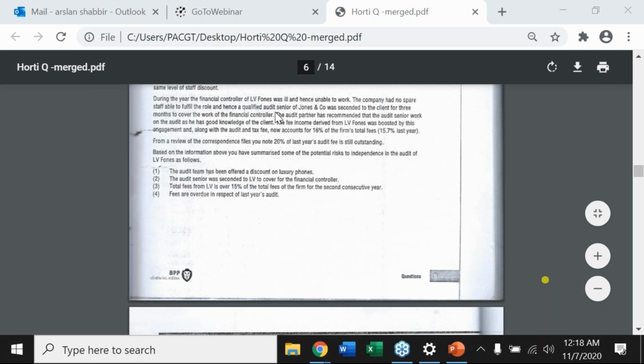There is no indication that the client is threatening you. There is no issue here which indicates that the report is modified, but the client is going to threaten you to unmodify it. So here it is a self-interest threat, that you need to take the 15% of the total fees.